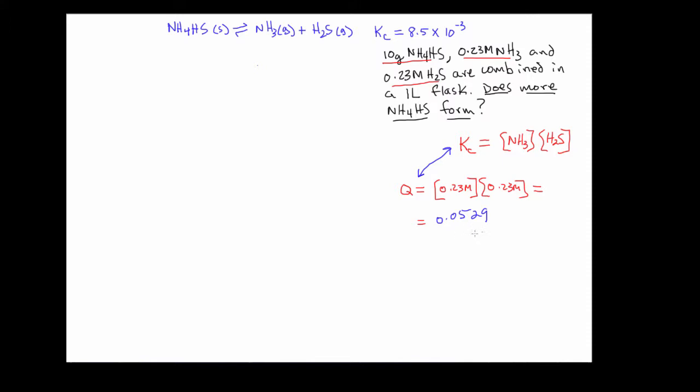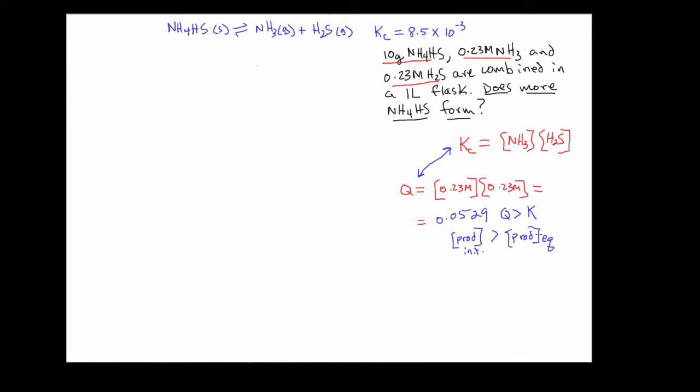So in this case, it's super important to realize that Q is greater than K. And if Q is greater than K, what that means is that our initial concentration of products, so this is non-equilibrium, so initial, I'm just going to abbreviate it like that, is greater than the concentration of products that should exist at equilibrium.